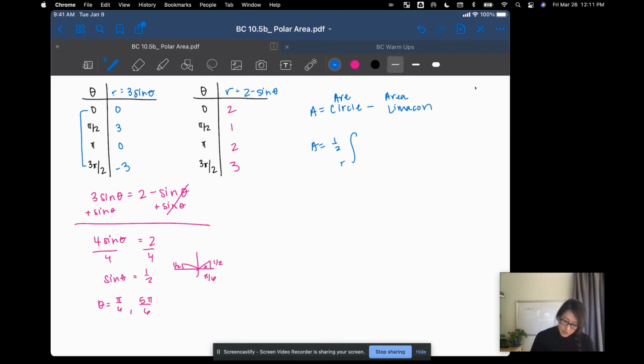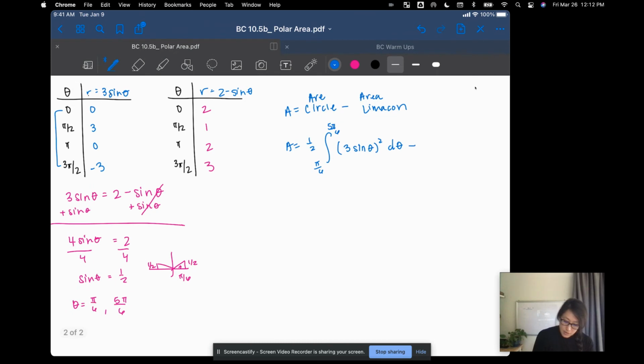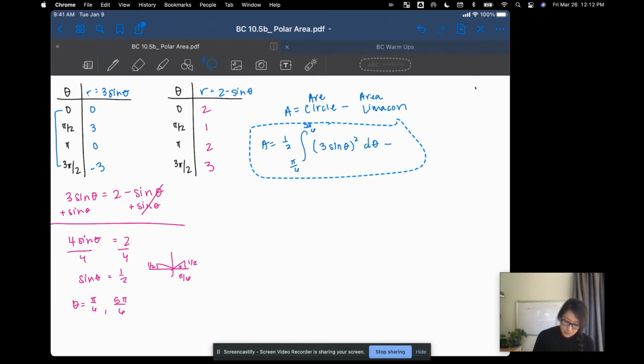Okay, so the area of the circle from pi over 6 to 5 pi over 6 of the circle's equation is 3 sine theta squared d theta minus the area of the limacon.